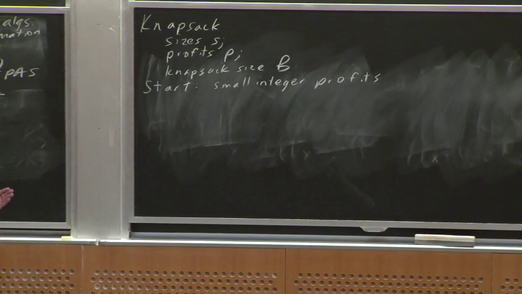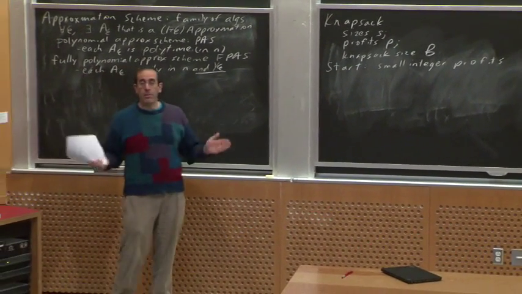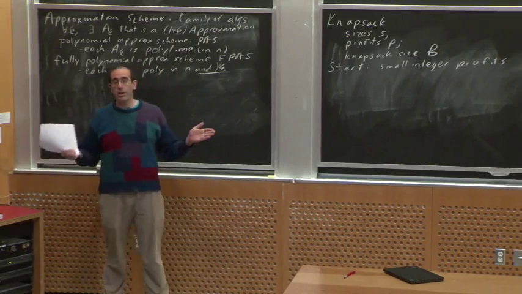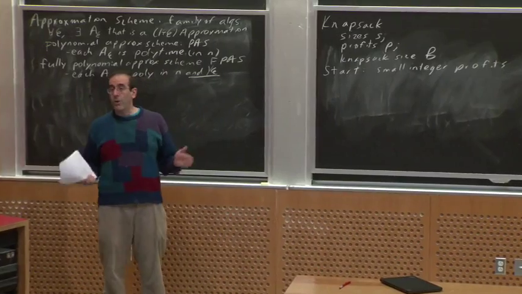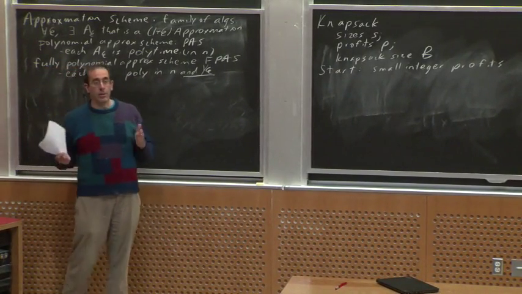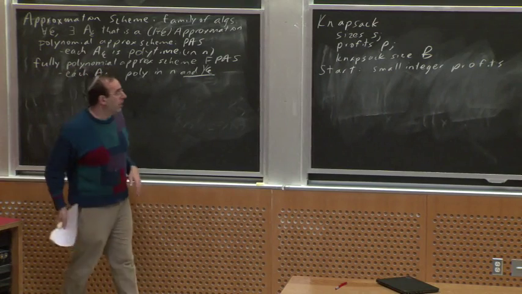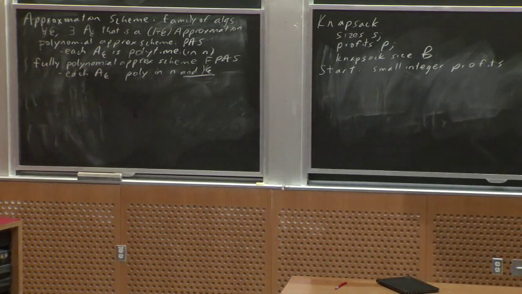And then once we have figured out how to solve the problem when the profits are small integers, I will show you how to generalize that solution to a problem that has large integers or non-integer profits, and sacrifice only a little bit in the quality of the solution as you do that generalization. So for starters, how might we solve this problem when there are small integer profits?